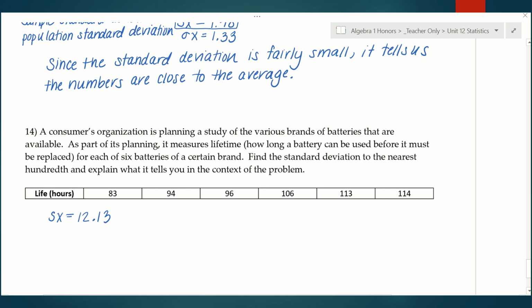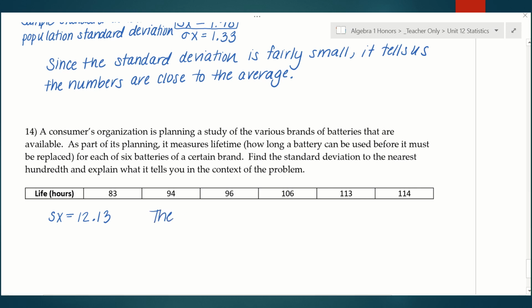Okay, so based on, you know, what we're talking about here, battery life, you're looking at a deviation from the average of about 12 hours. So I think it's probably safe to say that it's a little bit not as consistent.